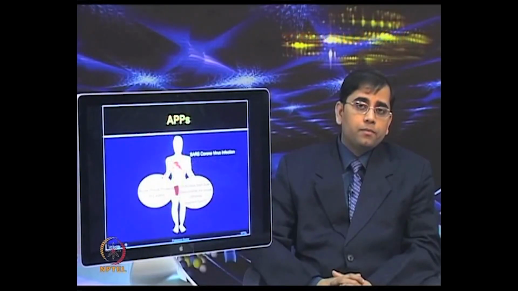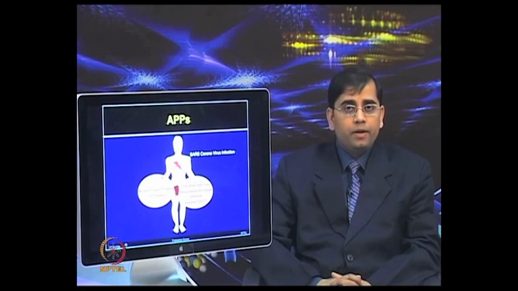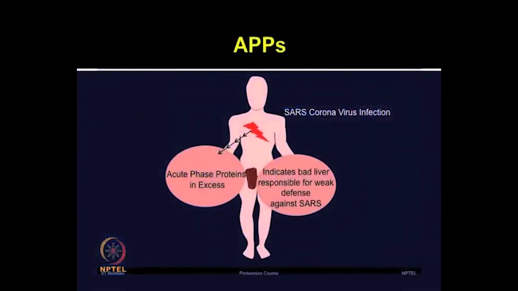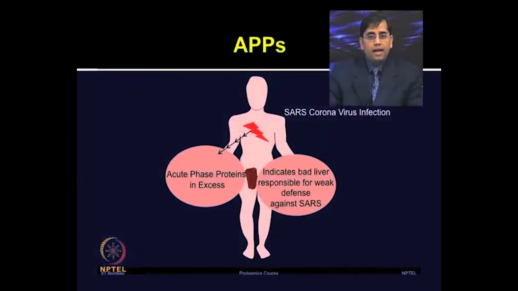They also found that several acute phase proteins, or APPs, were differentially expressed. Active innate immune responses and oxidation associated injuries may play a major role in SARS pathogenesis.